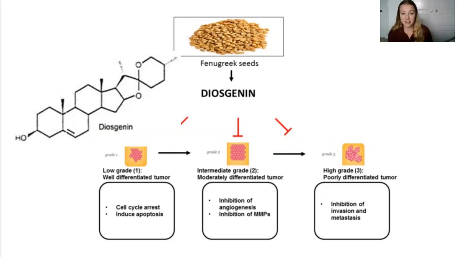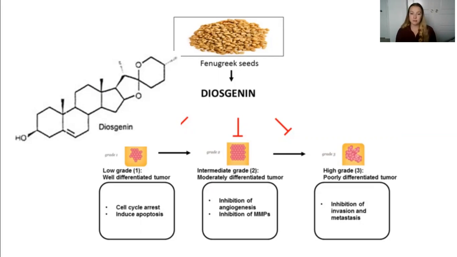It is a steroid that is actually extracted from the rhizome of the Dioscorea plant, and it is one of the major bioactive compounds found in the fenugreek seed. Traditionally, this is used in a lot of Chinese medicine. These Dioscorea plants are used to treat everything from digestion, circulation, just reducing inflammation in general.